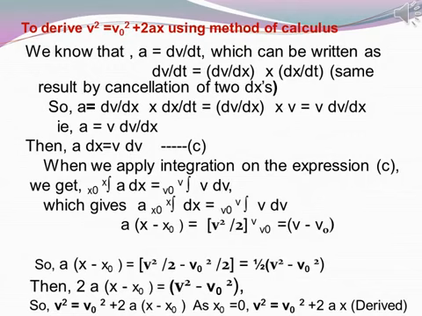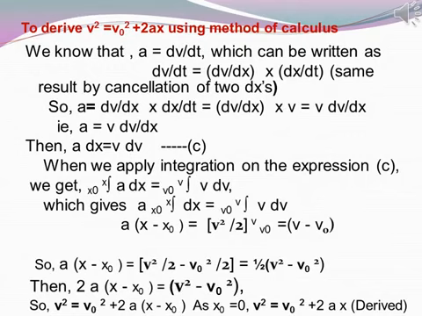Then a into dx is equal to v dv, which is the expression c. When we apply the integration method on the expression c, we get x0 to x integration of a dx is equal to v0 to v integration of v dv, which gives a into x0 to x integration of dx is equal to v0 to v integration of v dv.